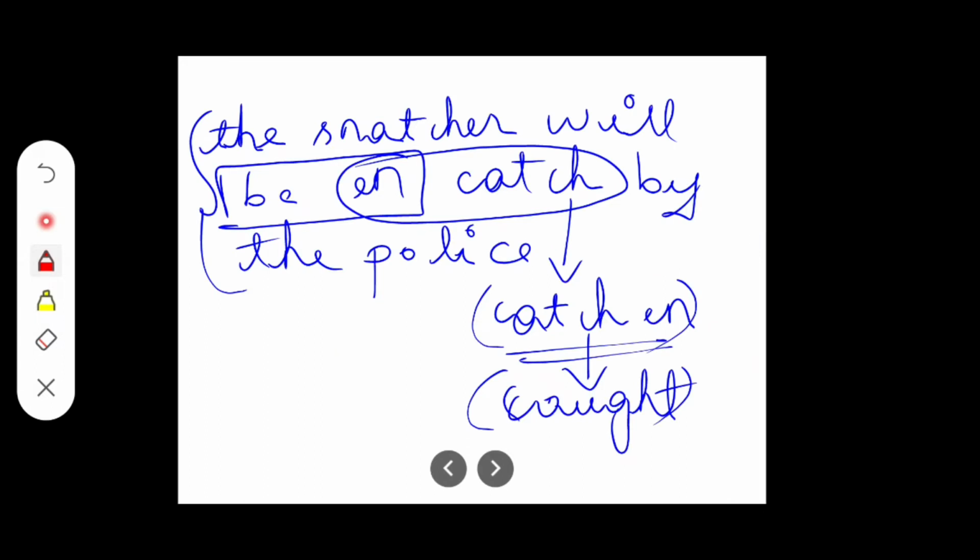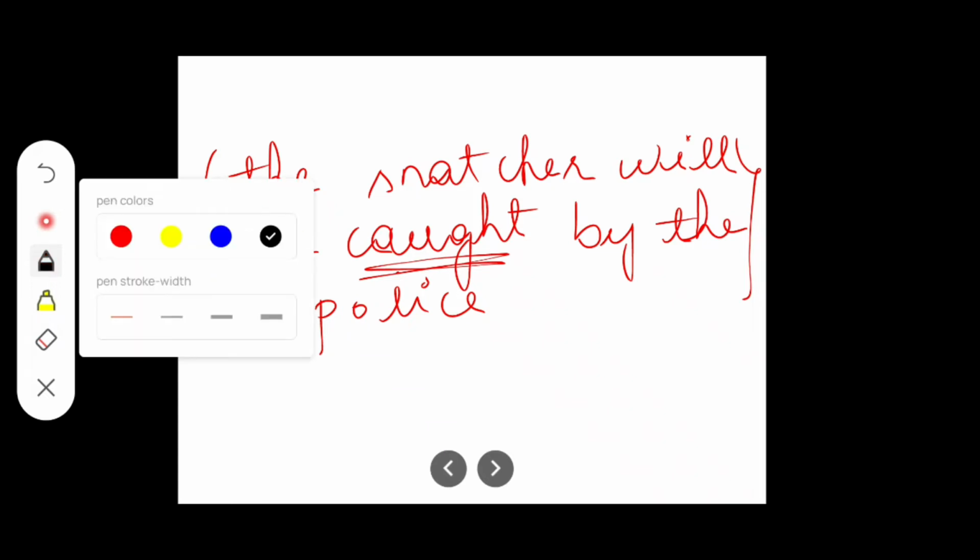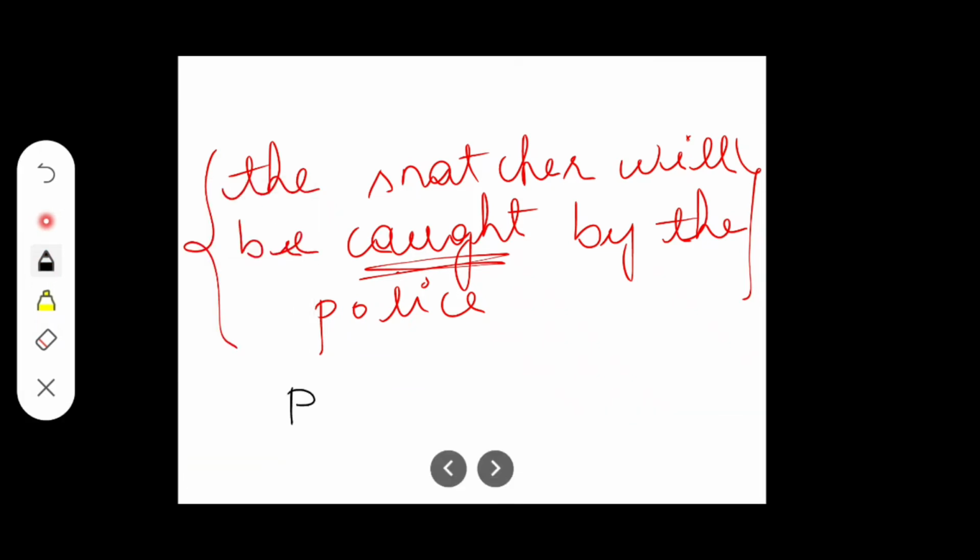See, all other words remain the same, only catch, en and be change. By applying the morphophonemic rules, it is converted to caught. This is the final statement we obtained, and this final sentence is in passive voice format.